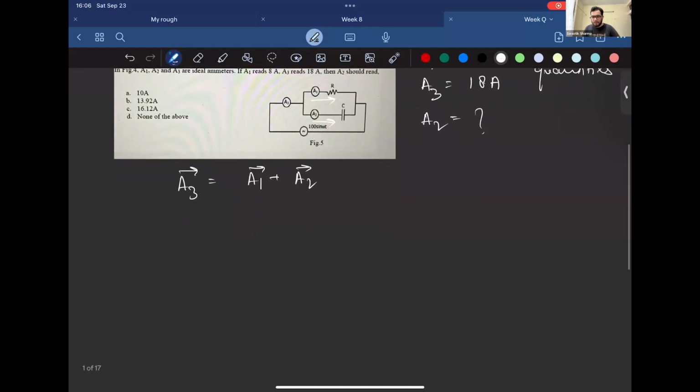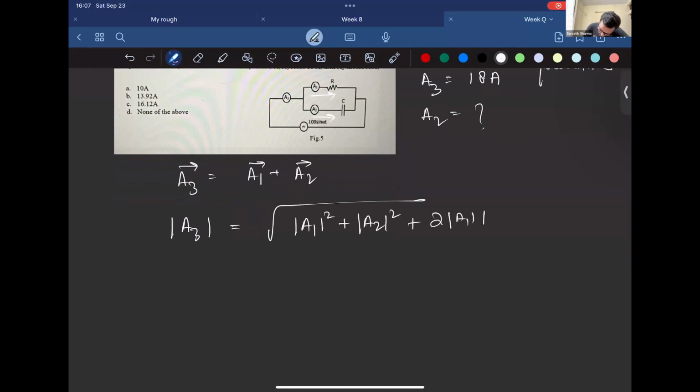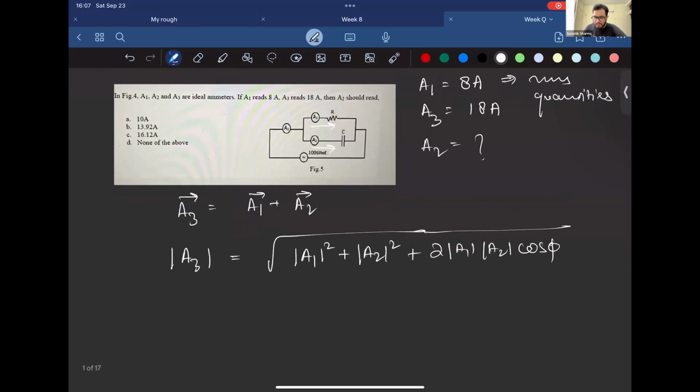We calculate the magnitude of A3 as the square root of A1 squared plus A2 squared plus 2 A1 A2 cos phi, where phi is the phase angle difference between the two currents A1 and A2, right?